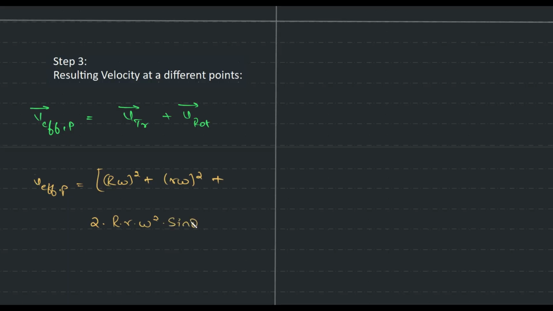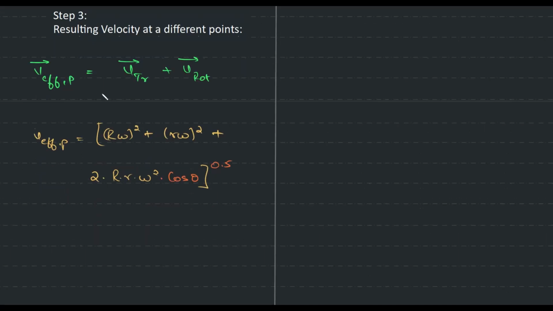Is this correct? There are two mistakes. What are those? One is the root. What is the other one? Yes, this should be cos of theta. And the angle. So this is your magnitude part. Now the direction part.